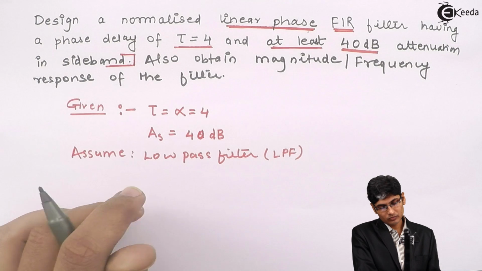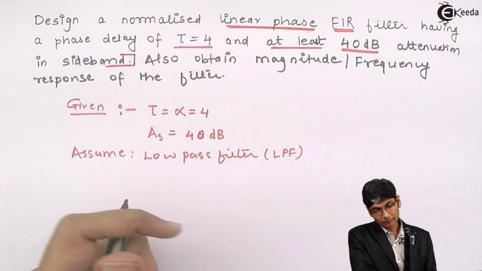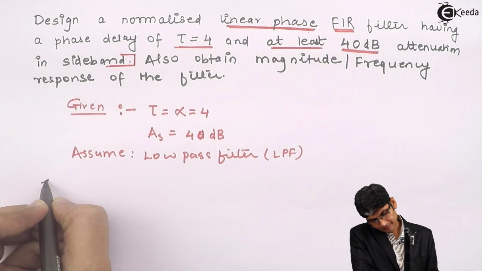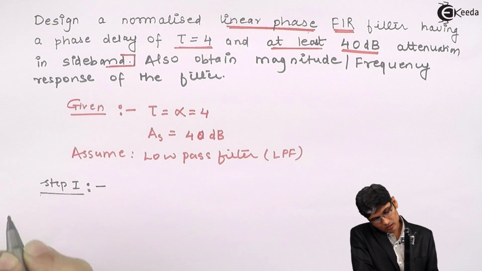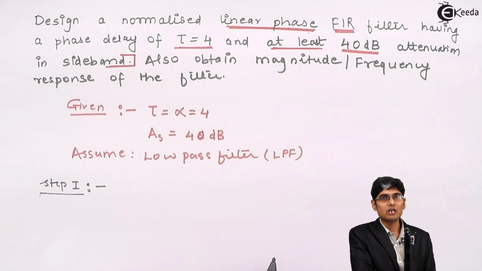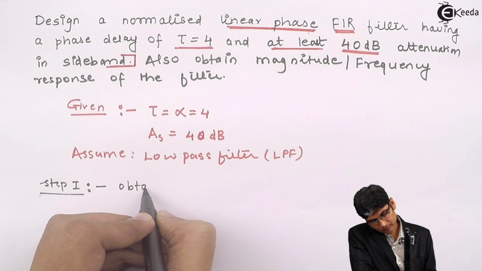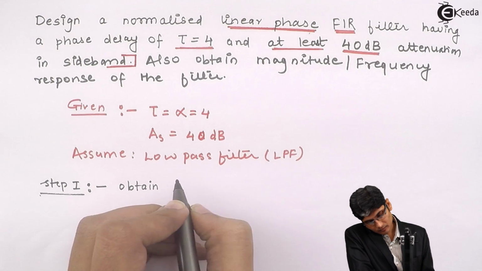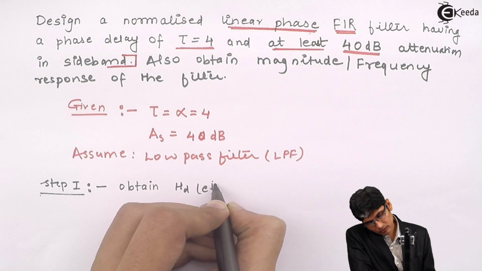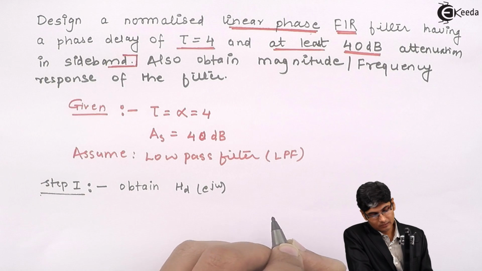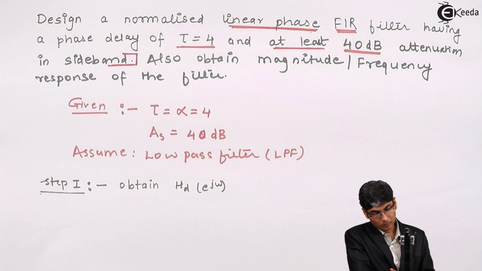With this given data, let us start designing the filter. Step 1 would be, first we need to obtain our HD of e raised to j omega for the given filter.